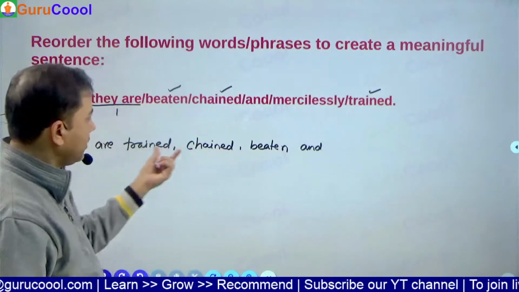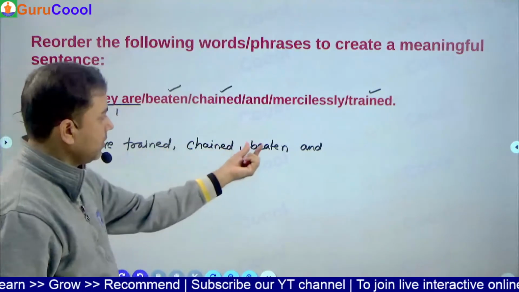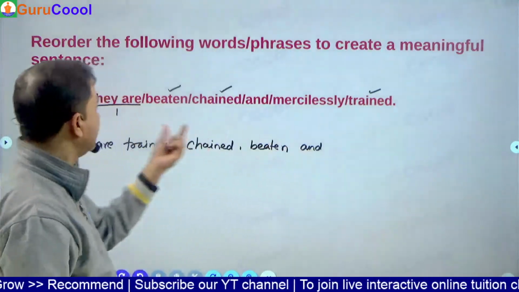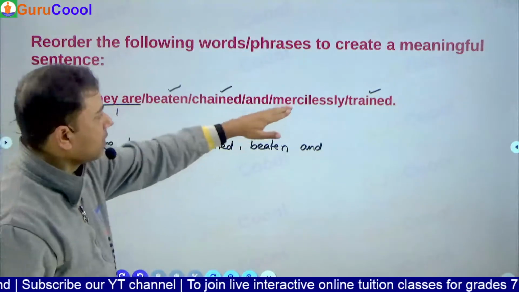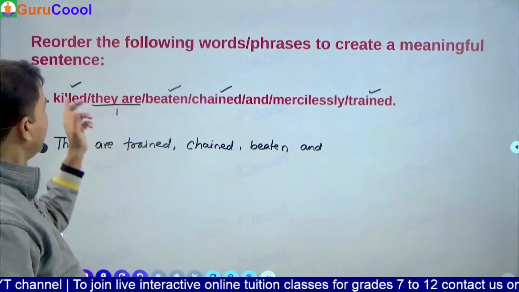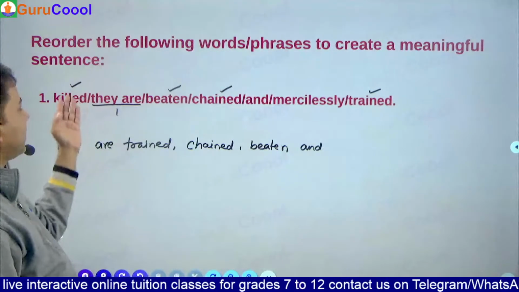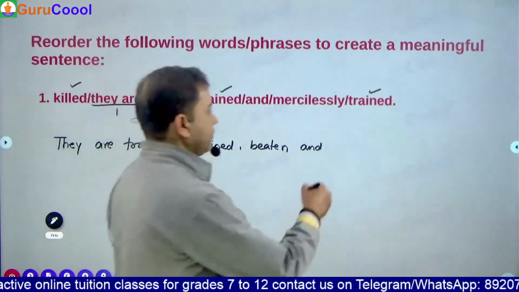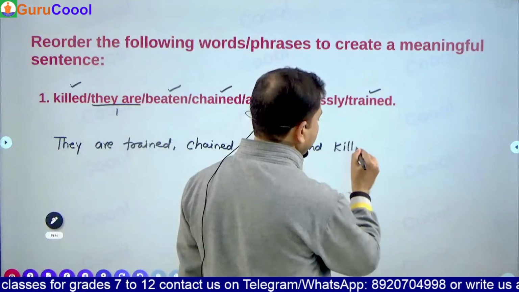Between the first three we put a comma. Trained, chained, beaten, and killed mercilessly. Or you can write mercilessly killed. Both of them will be okay. I'm writing killed mercilessly.